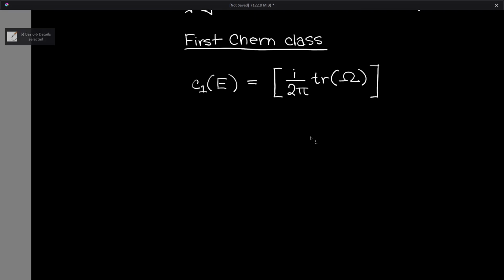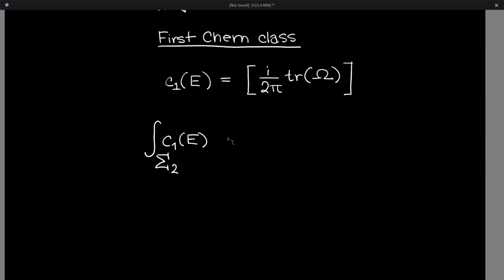And we can interpret it if we use the integral. So the integral of c1(E), remember, it's a form. So we can just take any form in this class. So this is a representative of this equivalence class. And we integrate it over a two-dimensional surface, a two-chain, let's say. And so if we do that, we get an integer.